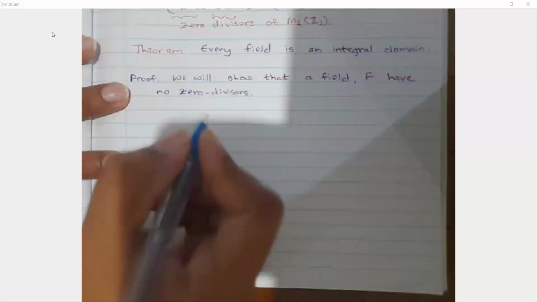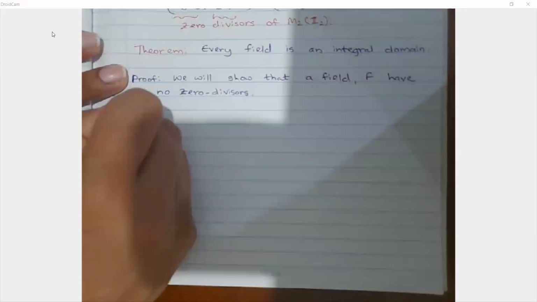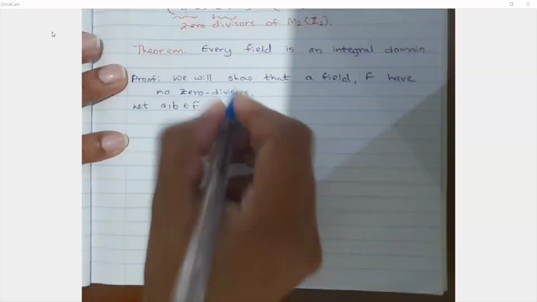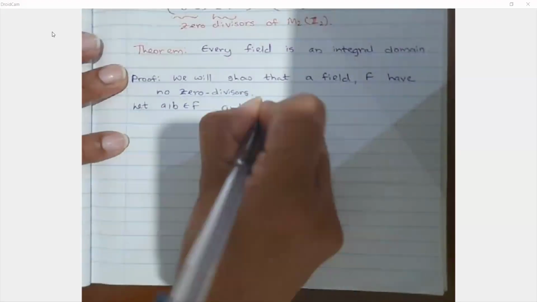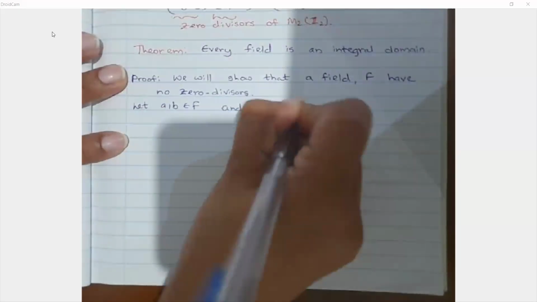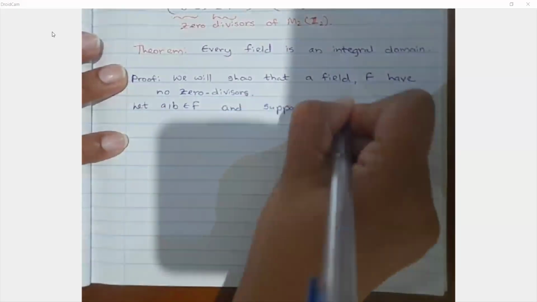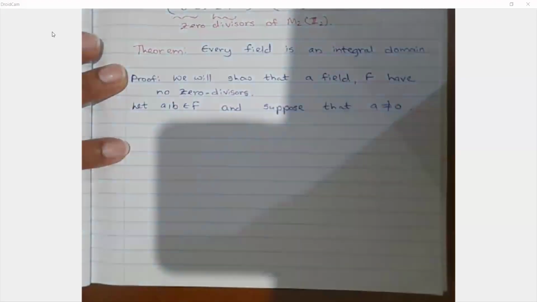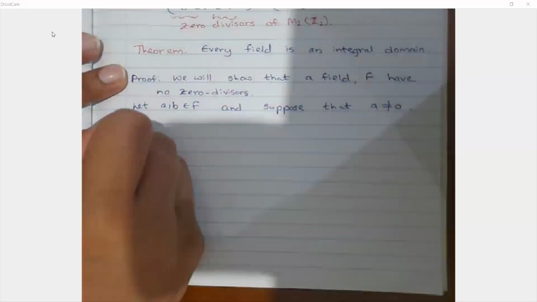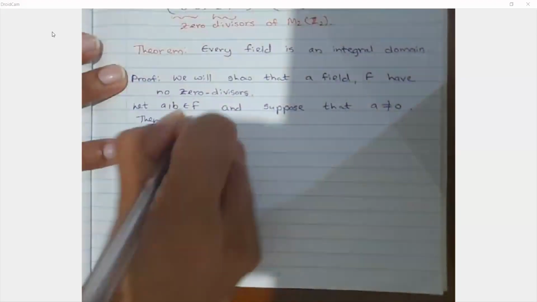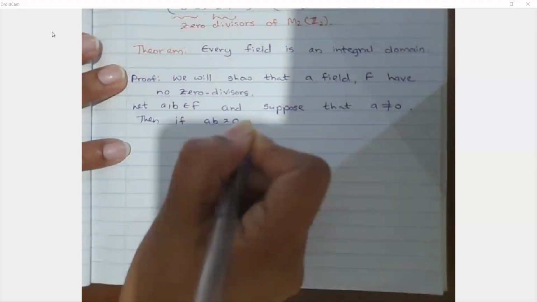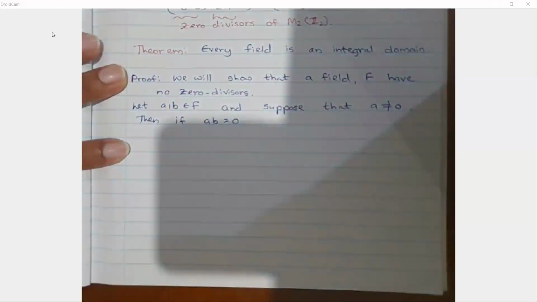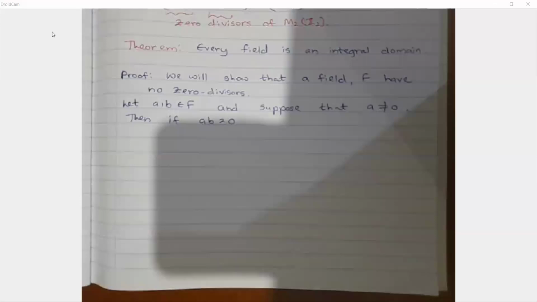So let A and B be 2 elements in F, and suppose that A is non-zero. Then if we have the product AB equal to 0 and A is non-zero, we must have B equal to 0.